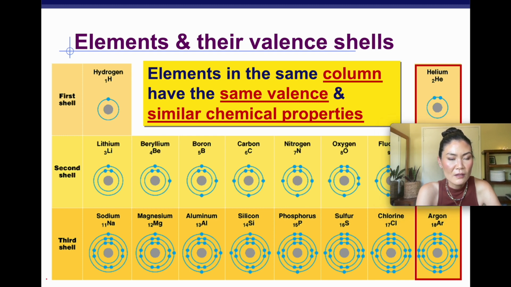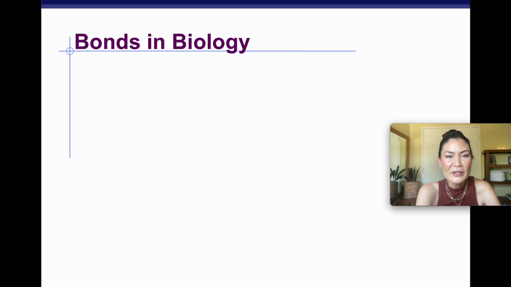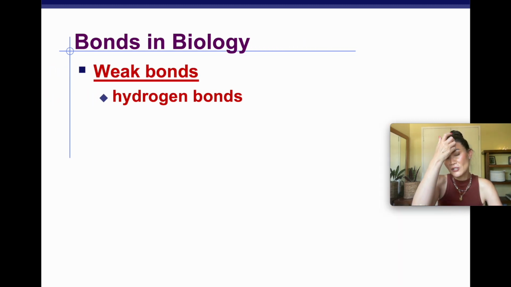Okay, so now let's move on to bonds in biology. I mentioned how ionic bonds are weak. Other bonds that are weak, you have hydrogen bonds, and we're going to be focusing on that a lot in chapter 3, the next chapter.